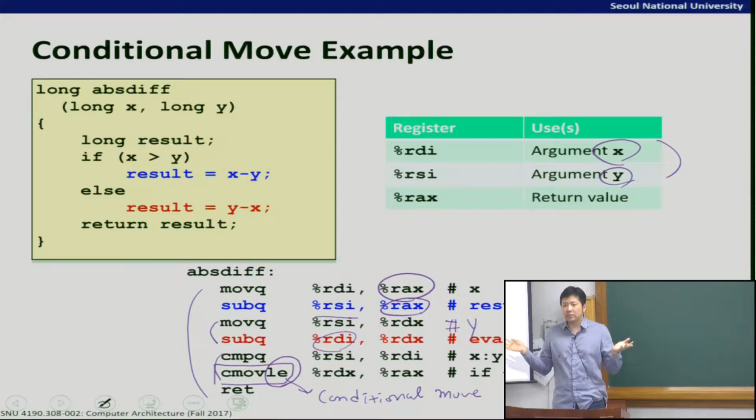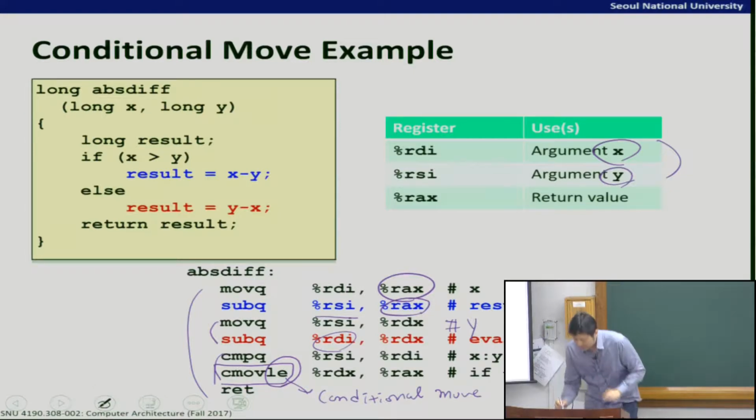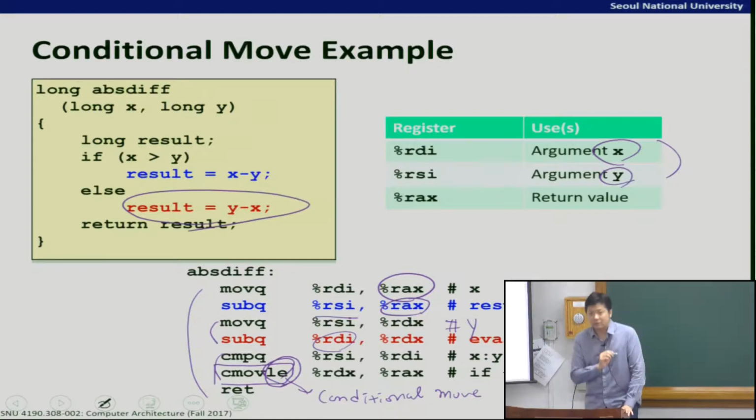Otherwise, you simply ignore this instruction. That's what this conditional move does. So if this condition is satisfied, we actually have to execute the else clause, because x is less than or equal to y.